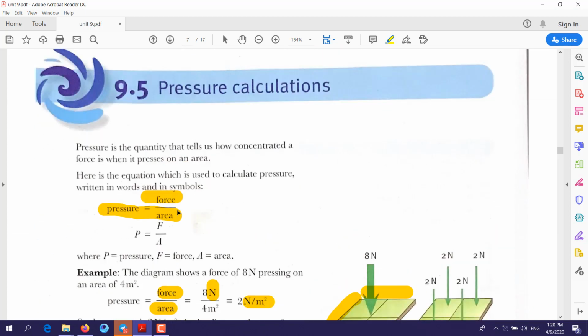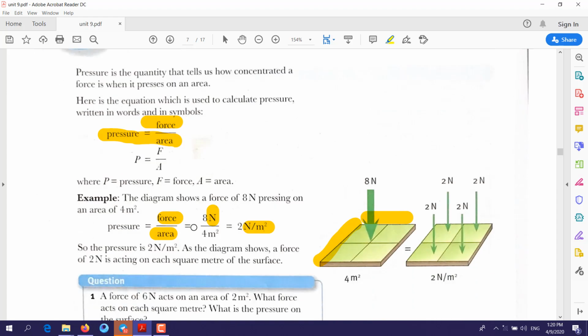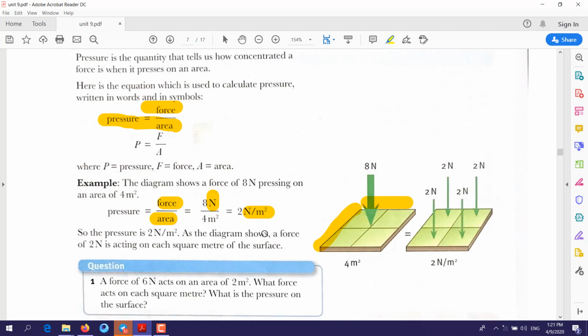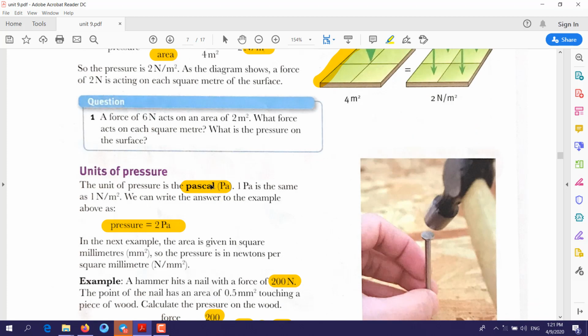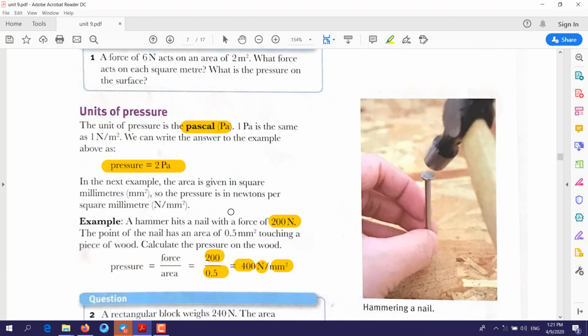Pressure calculations: pressure equals force over area. For the unit to measure pressure, we have two units: Newton over square centimeter, or you can use Pascal. The shortcut of it is Pa.